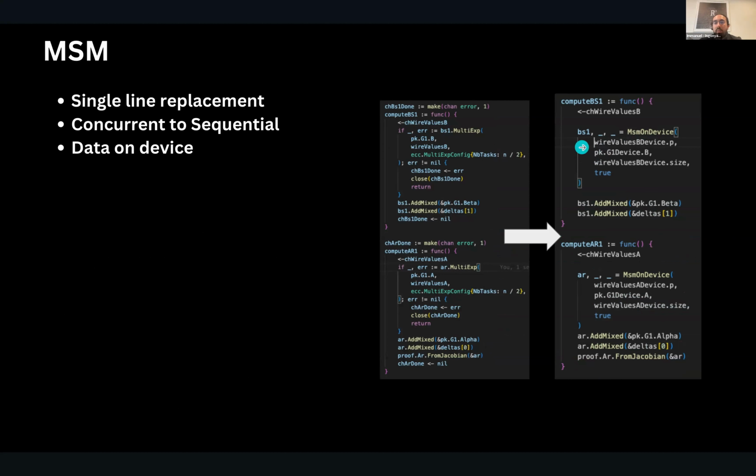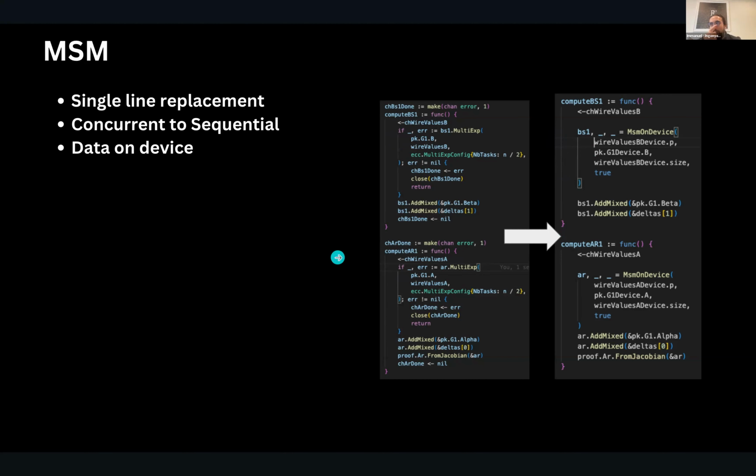This data is already on the device, and inside our Go code we make a very minimal change, where we just pass these pointers instead of calling the original function. It's very similar code. We just swapped out their function with our function, and we have this setup phase. You do this for every single MSM, and you get MSM acceleration because now you're not copying any data, and you're running the entire MSM on the GPU.